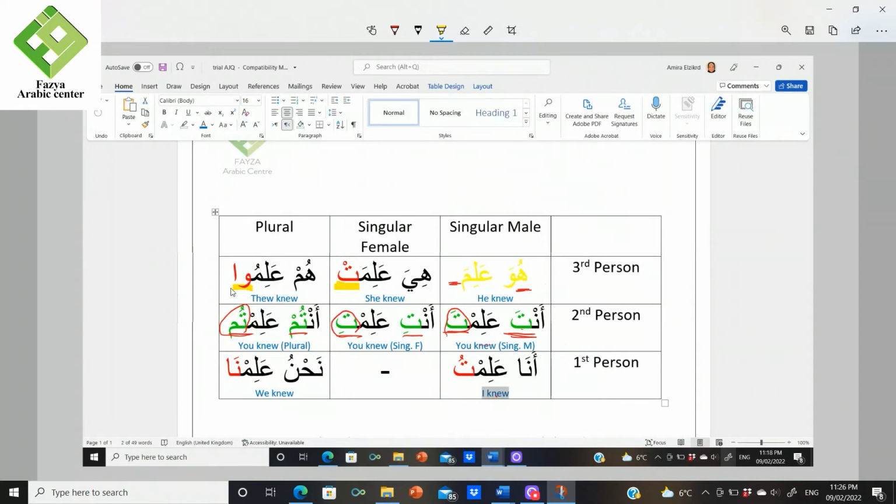Okay, if I have u, I would know that it's hum, alimu. If I have tu, the ta with a dhamma, then it's ana. If I have na, like this one, then it's nahnu.